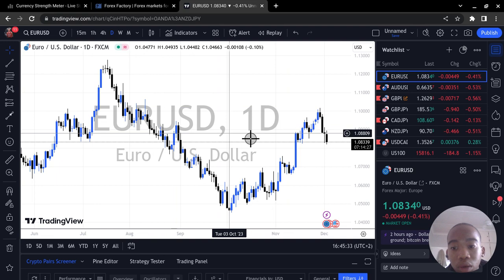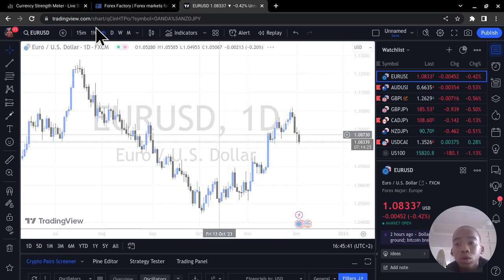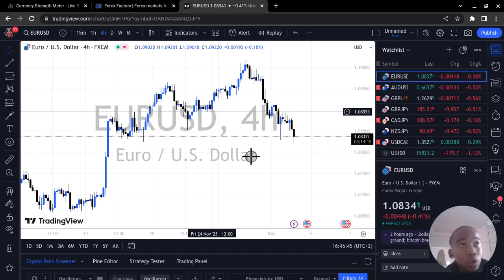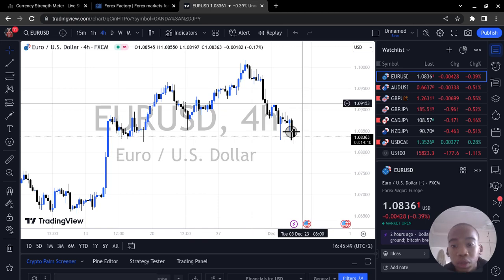We'll have to consider that price is in a consolidating zone, as I think I said on the monthly. Price is deciding whether it wants to go to the upside or the downside.